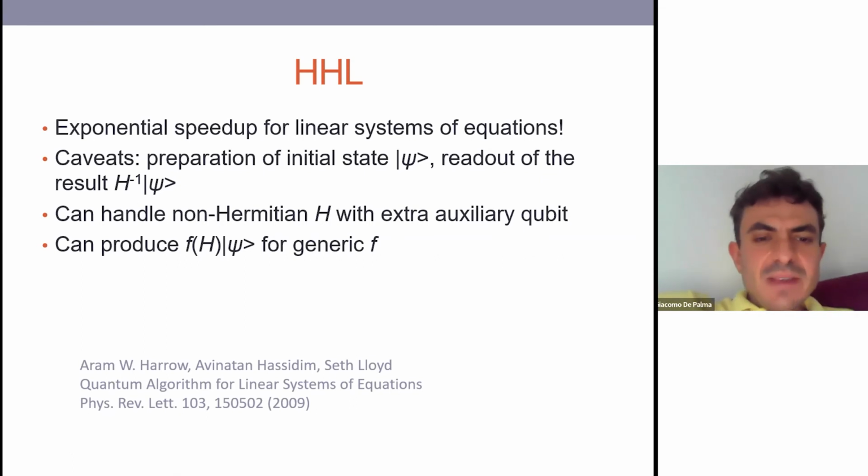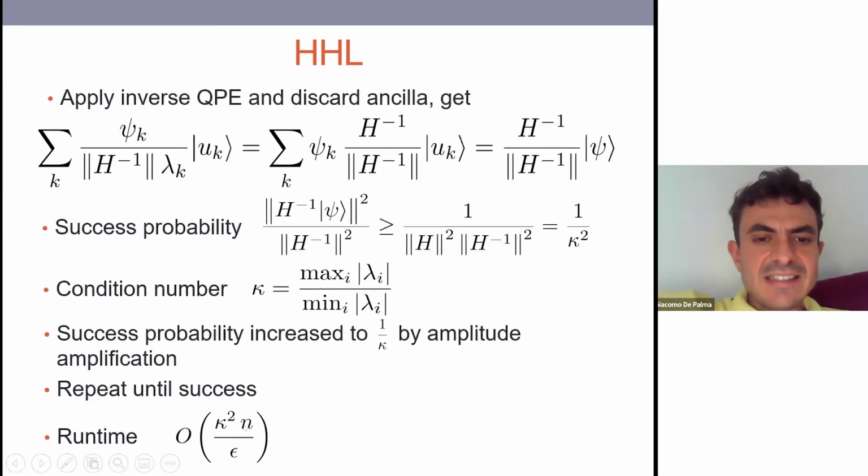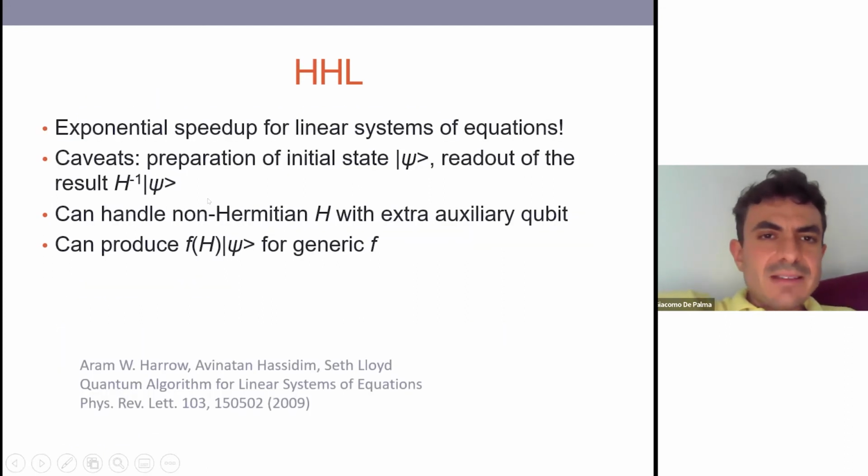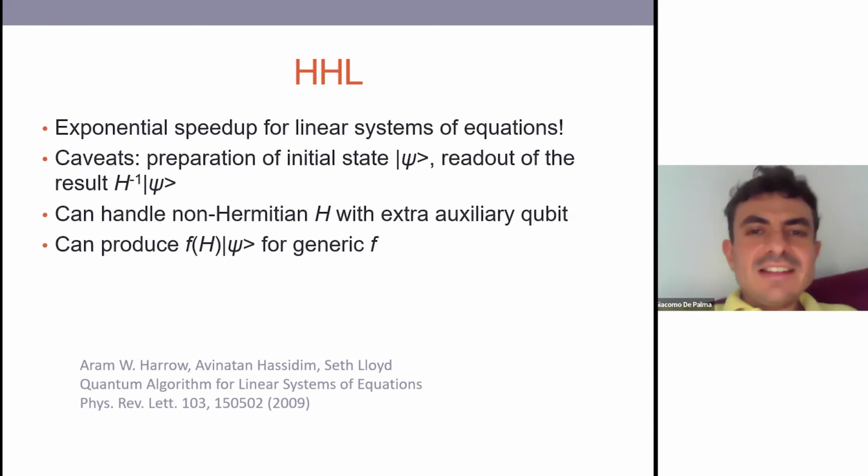And we have an exponential speedup because the runtime is linear in the number of qubits, and linear in the number of qubits means logarithmic in the dimension of the Hilbert space. Any classical method to solve a linear system of equations usually scales with the cube of the dimension of the Hilbert space, but still, if you want to write down the solution in a classical, complete form, you need a complexity that's linear in the dimension of the Hilbert space.